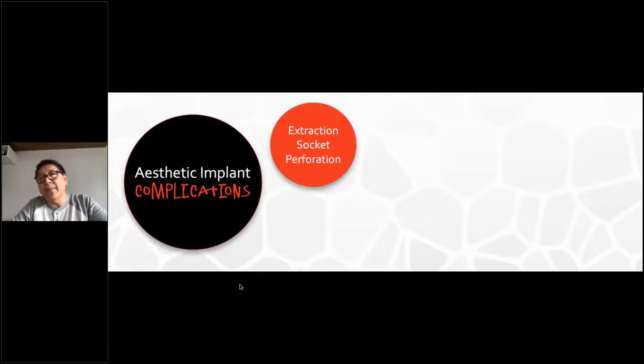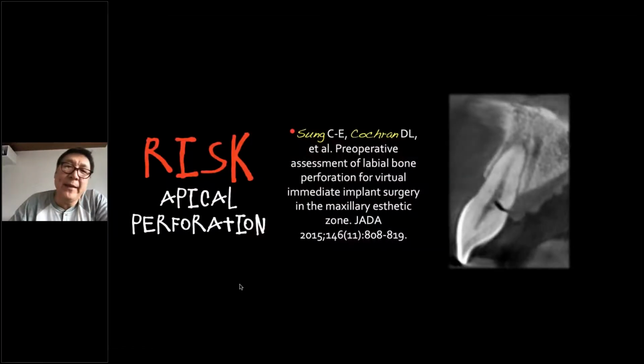Let's talk about socket perforation. That seems to be a problem that, now with CBCTs, becomes even more apparent, because we have the technology to actually evaluate things. This was a paper done on over 1,000 implants by David Cochran's group in JADA in 2015, 5 years ago.